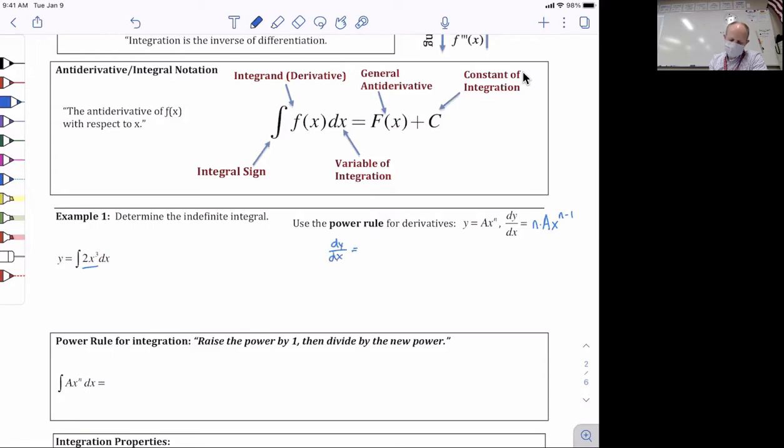So dy over dx equals 2x cubed. And we know generally in the power rule, that's what this is equal to. Okay, so I'm going to set the 2x cubed equal to n times a x to the n minus 1. We're just going to try to solve for a few things here.